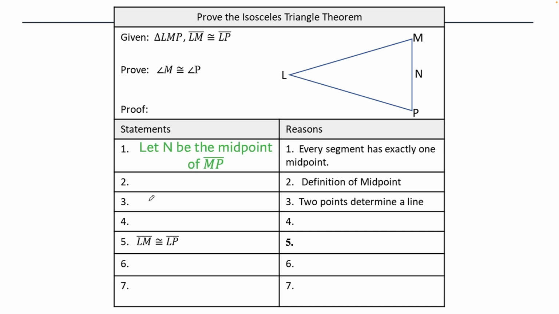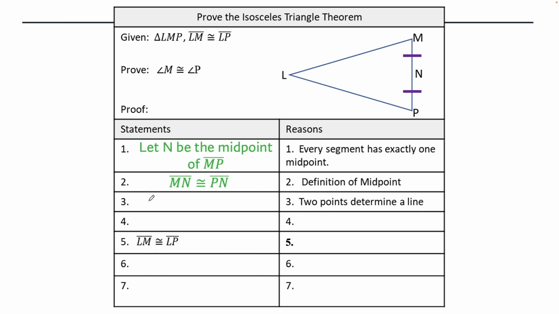We're going to let N be the midpoint of MP because every segment you have has a midpoint, exactly one. All right, now because of that midpoint, we know that MN is congruent to NP. And I can mark that because of the definition of a midpoint. The midpoint cuts a segment into two equal pieces.